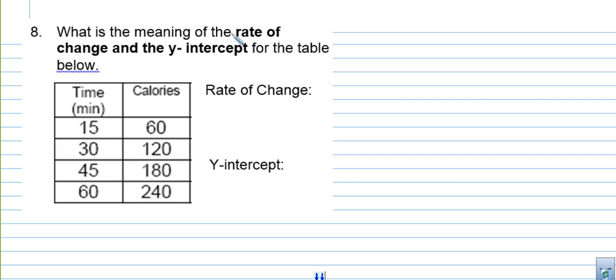Alright, so what is the meaning of the rate of change and y-intercept for the table below? Okay? So the rate of change, remember, is the y per the x. So this tells you calories per minute. This is the y. This is the x. Okay? So the y per the x. So this is going to tell you calories per minute.